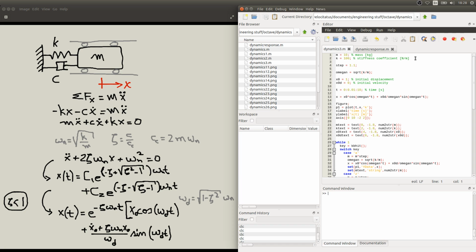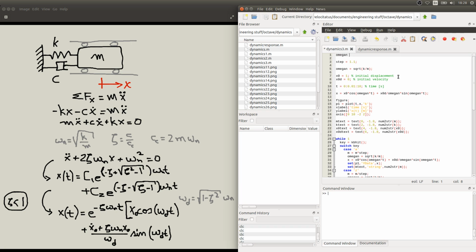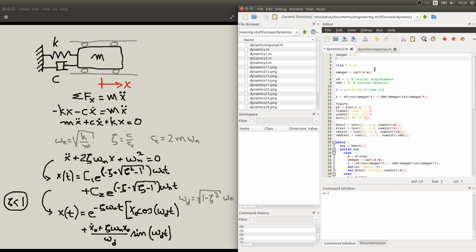Let's not start by describing the dimensional parameters anymore. Let's start by describing the non-dimensional parameters, which were omega n. Remember that by using this expression here with the values we had before, it was something close to 3, and we'll decide what is the value for our zeta.